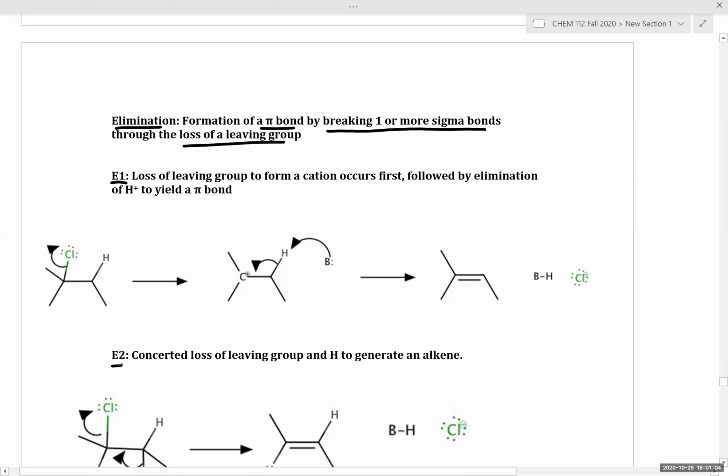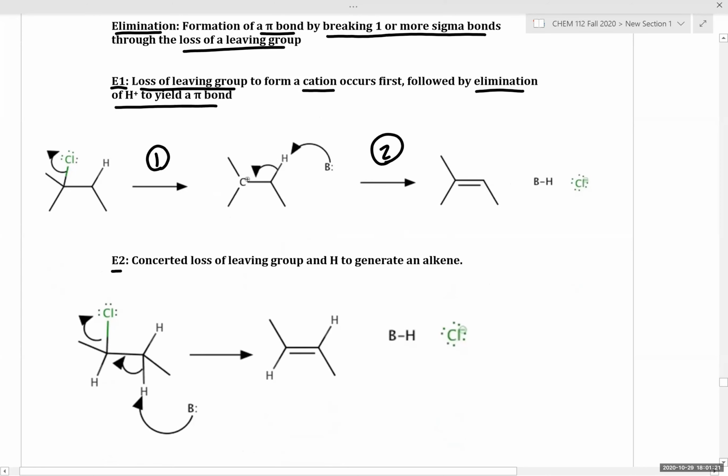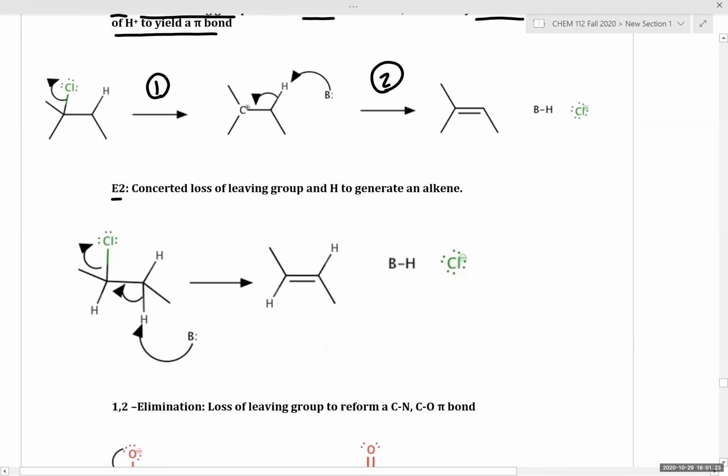In the E1 reaction, we end up with loss of our leaving group to make a cation, followed by elimination of H+ to yield a pi bond. So it's a stepwise reaction mechanism. In the E2 reaction, we have a concerted loss of the leaving group and hydrogen to generate an alkene.